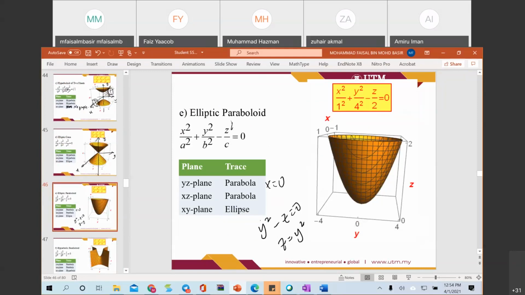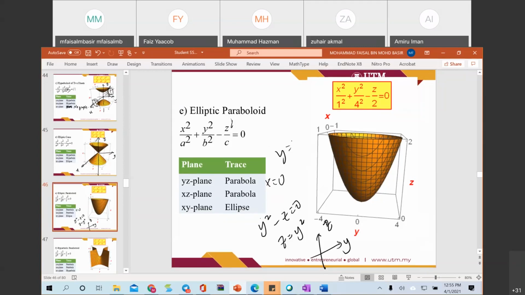So this is just a parabola, like y equals x squared. How do you draw? You will draw y, x like this. So same, if z equals y squared, you will draw like this. That's why you have at least the shape of a parabola. So the name also parabola.